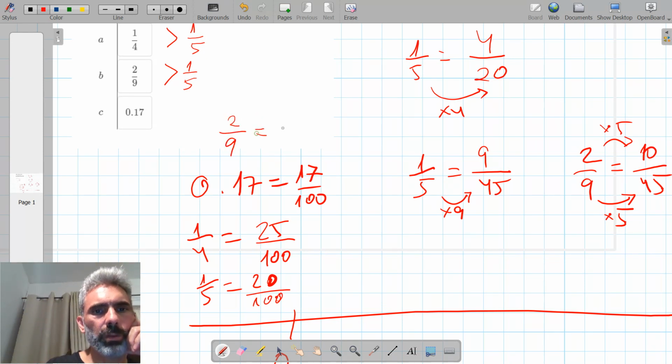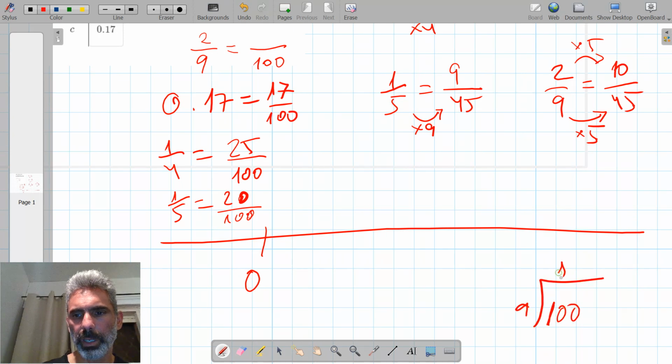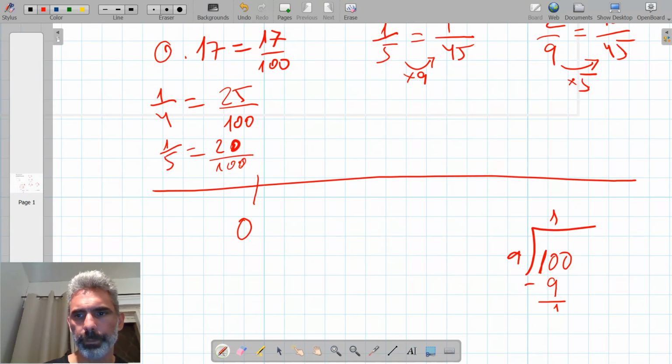To go from 9 to a fraction with 100 in the denominator, I need to divide 100 divided by 9 to know. 9 goes into 10 one time. 1 times 9 is 9. I have 1 there. So that's not correct.